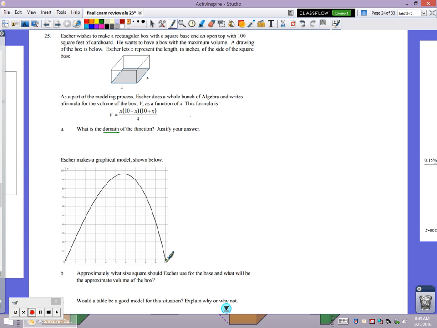But let's say we didn't have a graph. So one way of looking at domain is saying, okay, from this x to that x. That makes sense. The graph is here to here. But why only there? If we look up here, our volume has to be positive. It makes sense for our volume to be positive. So x, that's fine.